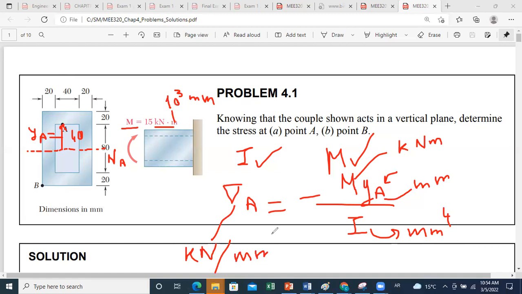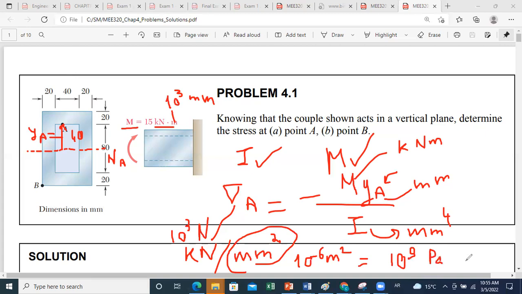And if you want to convert to see the correspondence in Pascal, you have that millimeter square is 10 to the power minus 6 meters square, and kilonewton is 10 to the power 3 Newton. So if you use Y and I in millimeter unit and M in kilonewton millimeter, then the value will be times 10 to the power 9 Pascal, or gigapascal.